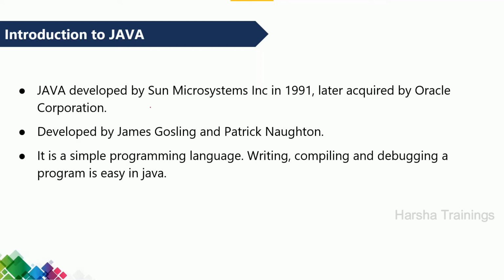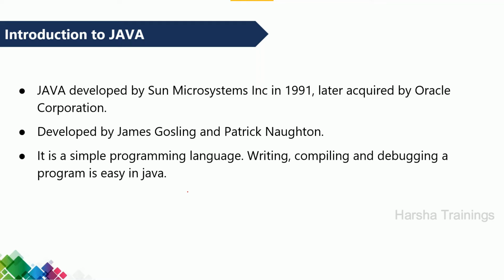Initially Java was developed by Sun Microsystems, but now Java is in the hands of Oracle Corporation. Java was developed in the year 1991 by scientists James Gosling and Patrick. It is a simple programming language.